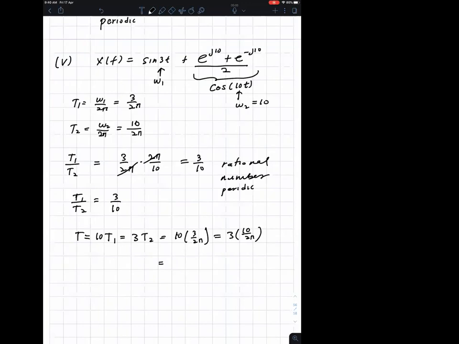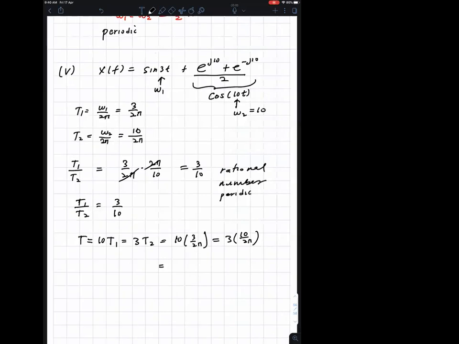So now you cancel, and you get 5 times 3, 15. So that's the period, in seconds. And it's also periodic. So when you say periodic, get this very clear in your mind: you must also calculate the period.